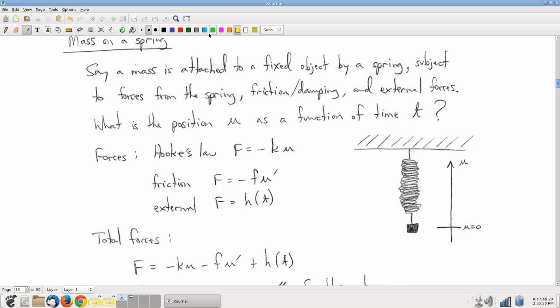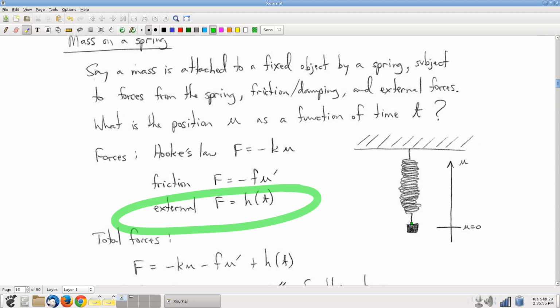Okay, friction. There's a potential that there's friction in play here. For example, maybe there's air surrounding the mass, and as the mass moves through the air, there's a certain amount of drag, friction, sometimes called damping. And there may be some sort of external forces.